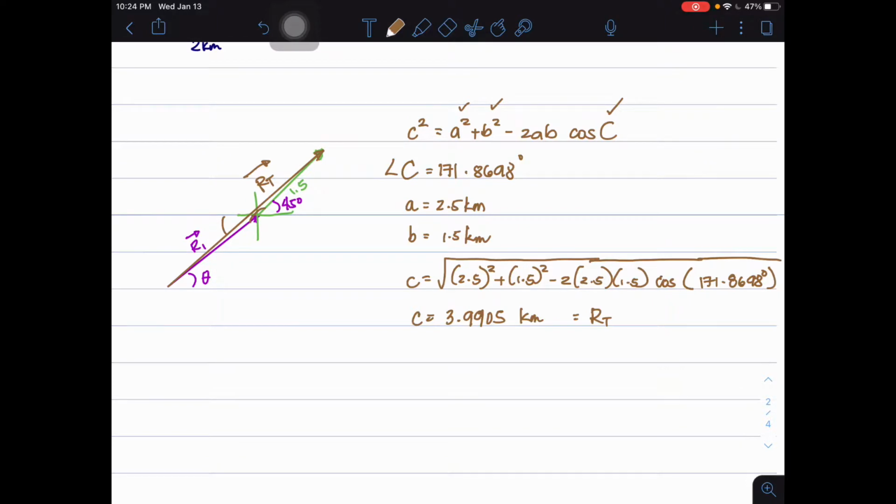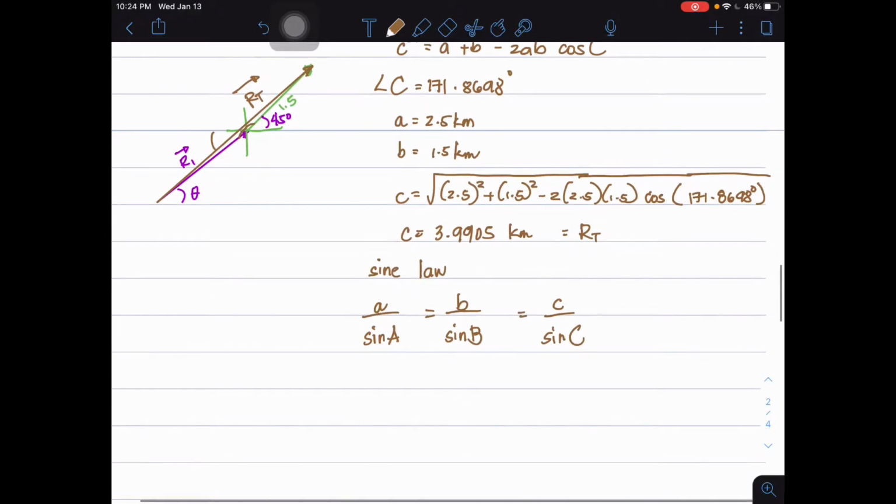Or you can use sine law. Sine law states that side A over sine angle A is equivalent to side B over sine angle B. Since we already have side C and angle C, these are given, and our side A is 2.5.